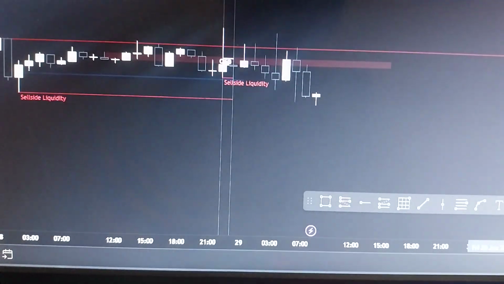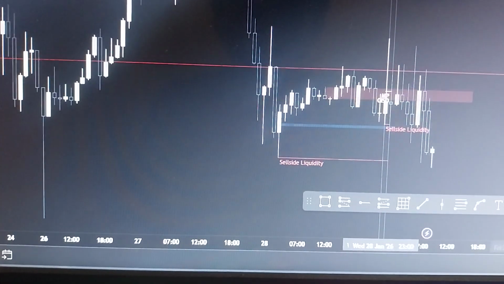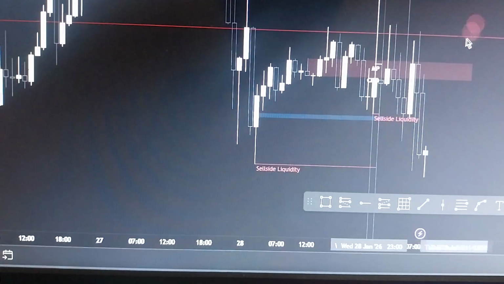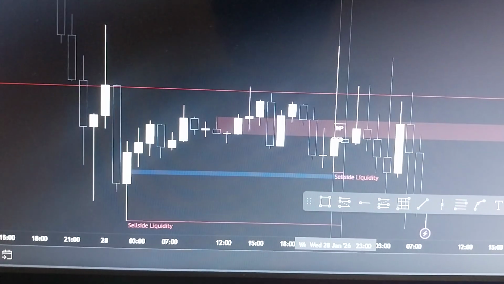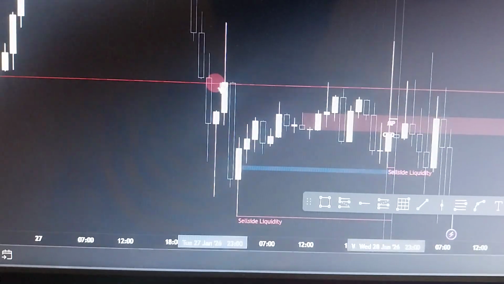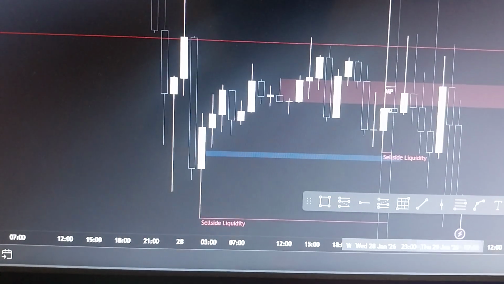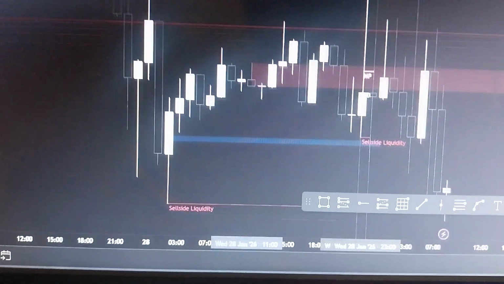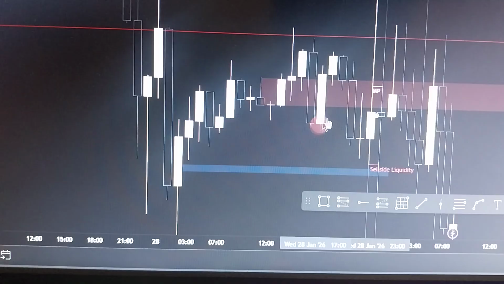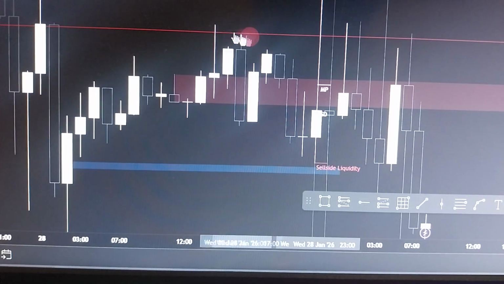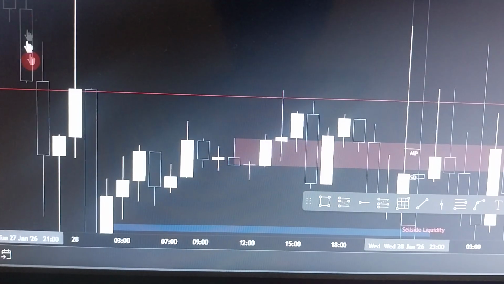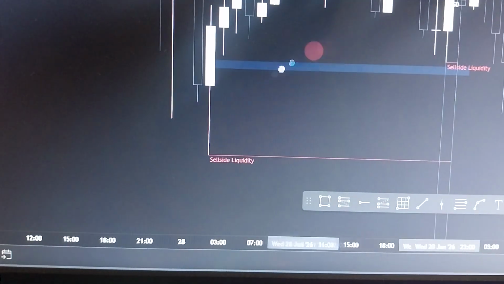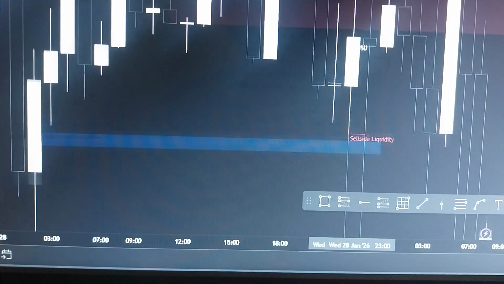As it aligns on the hourly, we are mostly consolidating, but when I see these conditions, in consolidation, I would like to look for a sweep of a swing high or swing low based on the bias. So on the daily, we're bearish, so we swept out the swing high, we filled this fair value gap, goes back under the fair value gap, and then we dump all the way in here.